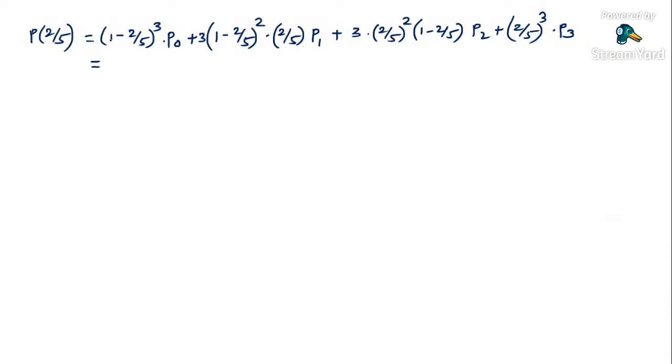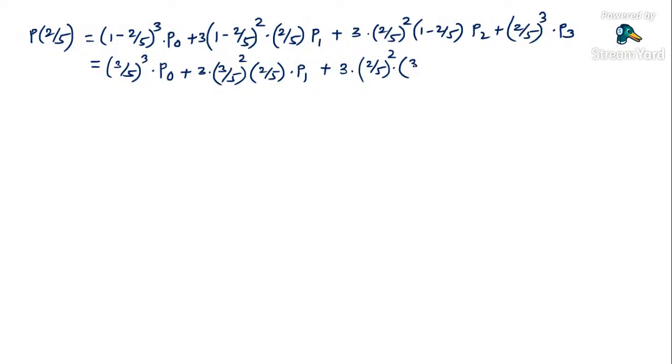1 minus 2/5 is 3/5, so (3/5)³ P0 plus (3/5)² into 3 into 2/5 into P1 plus 3 into (2/5)² into 3/5 P2 plus (2/5)³ P3. So the answer is 27 by 125.